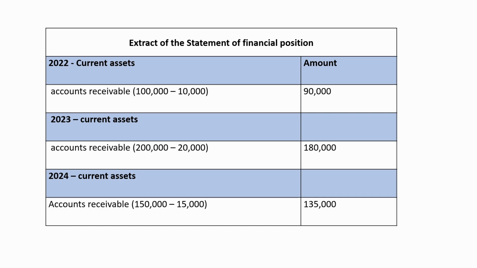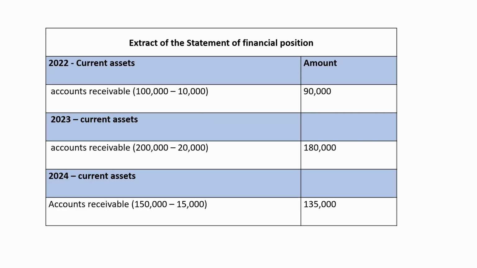That is how we normally record the entries in the statement of financial position. In this case, we have not done the workings for bad debts written off, but assuming you have bad debts written off, you are also supposed to deduct them from the accounts receivable.